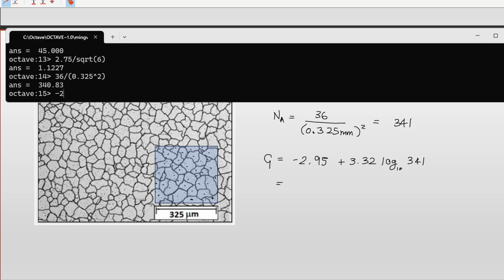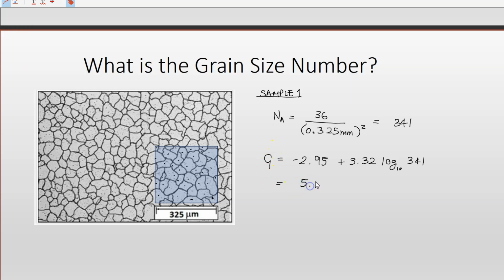So we've got minus 2.95 plus 3.32 times log 10 of 341. And this gives 5.5. So for this region, we have a grain size number of 5.5. Of course, we should take more samples and get an average value of Na. That's recommended by the standard.